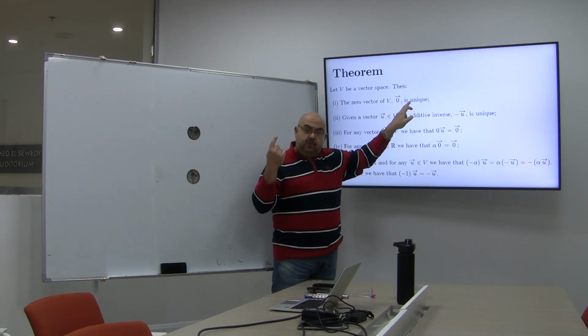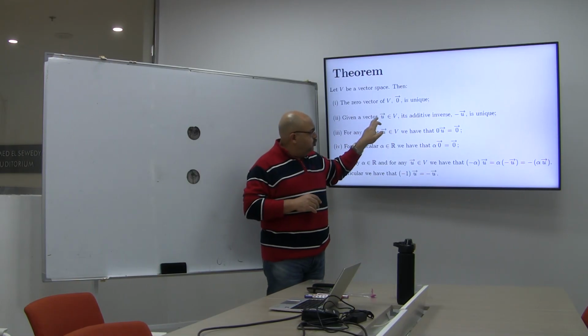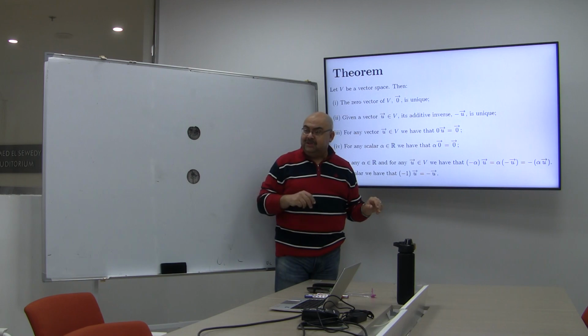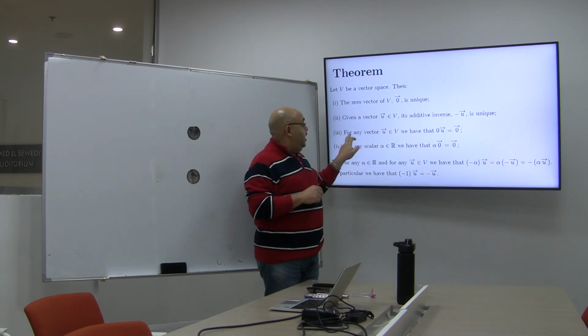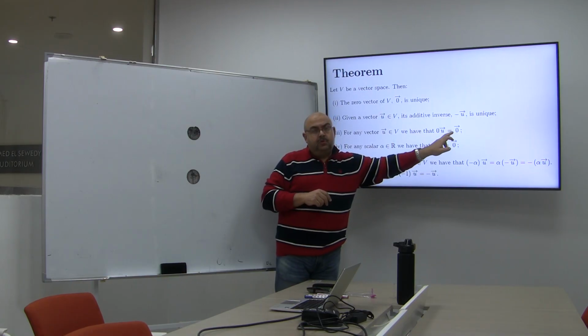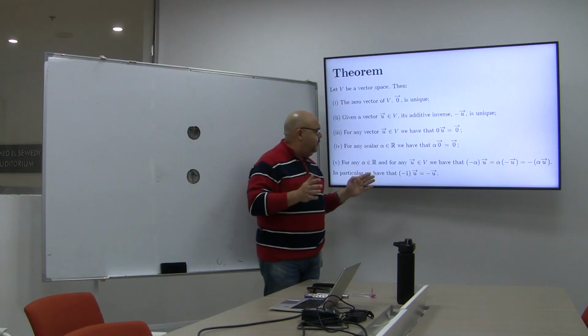So there is only one object which represents the zero. Number two, for u belonging to V, its additive inverse is unique and belongs to this set. For any vector u belonging to V, we have 0 times u equal to the origin. So if you multiply by a zero scalar, it makes sense.